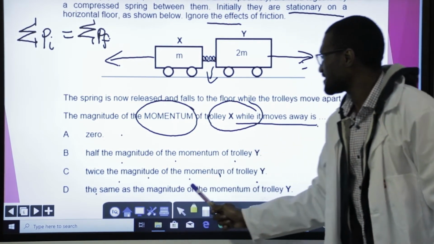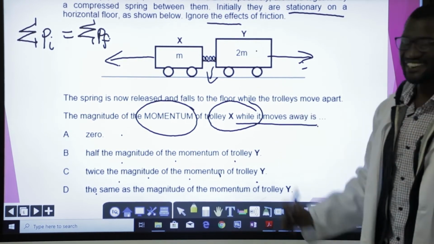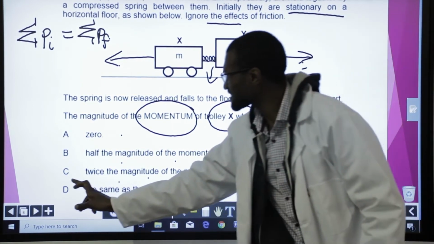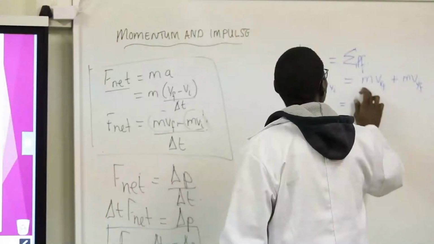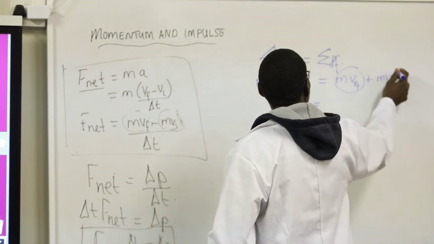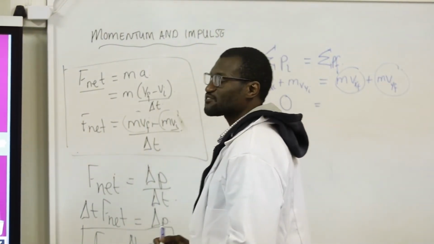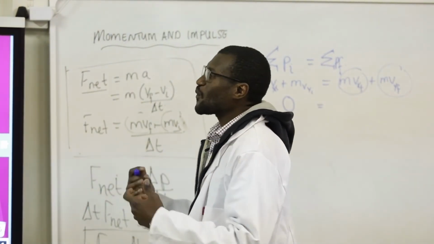The same as the magnitude of the momentum of trolley Y. That is the correct answer, D. Correct answer will be, these momentum are going to be the same.